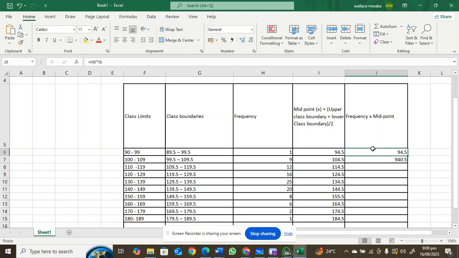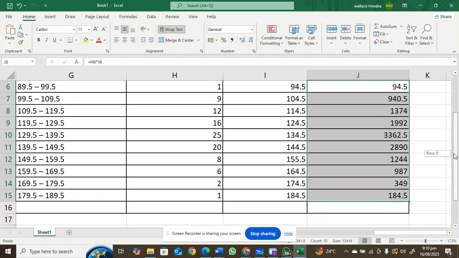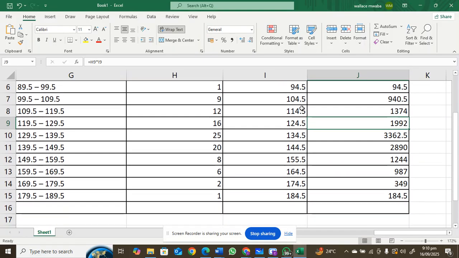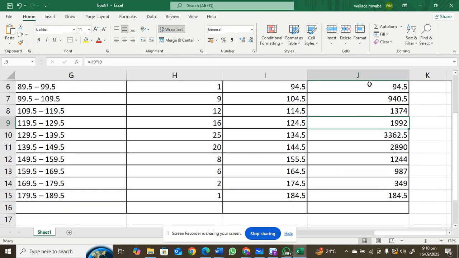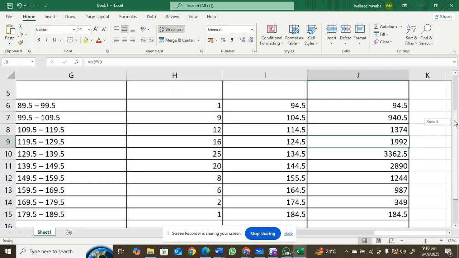All the frequencies, you multiply them with the midpoints. So these are the values you're supposed to get.